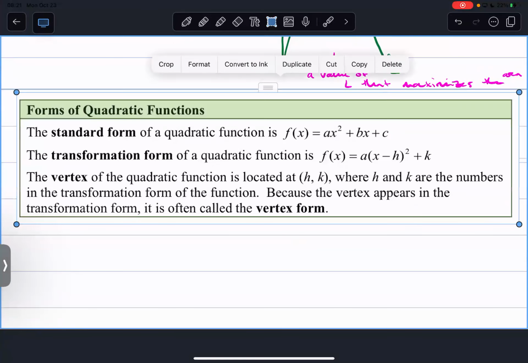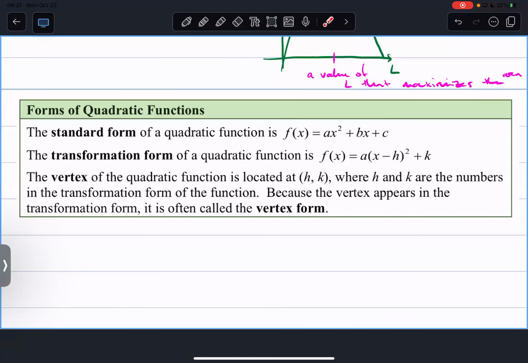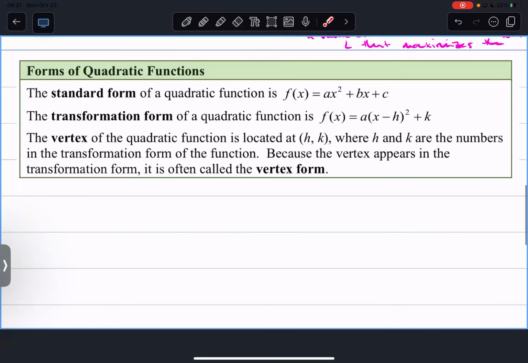If we have a quadratic function, we can write it in two different ways. Now, typically we write it like this, ax squared plus bx plus c, and that's what we call the standard form. But we can also write it in this transformation form, which is a little bit kind of uglier looking, but it makes things more obvious, like, oh, I've moved to the right by h, and I'm stretching by a, and I'm going up by k.